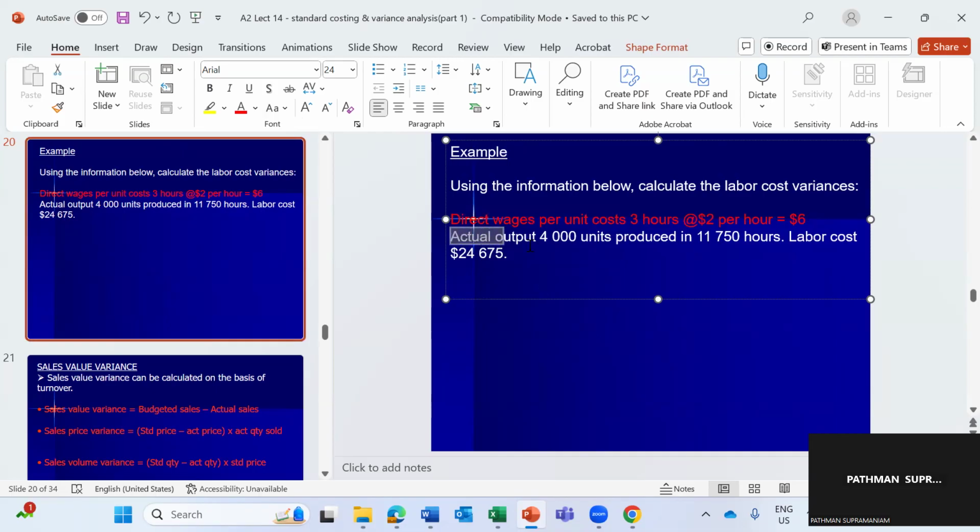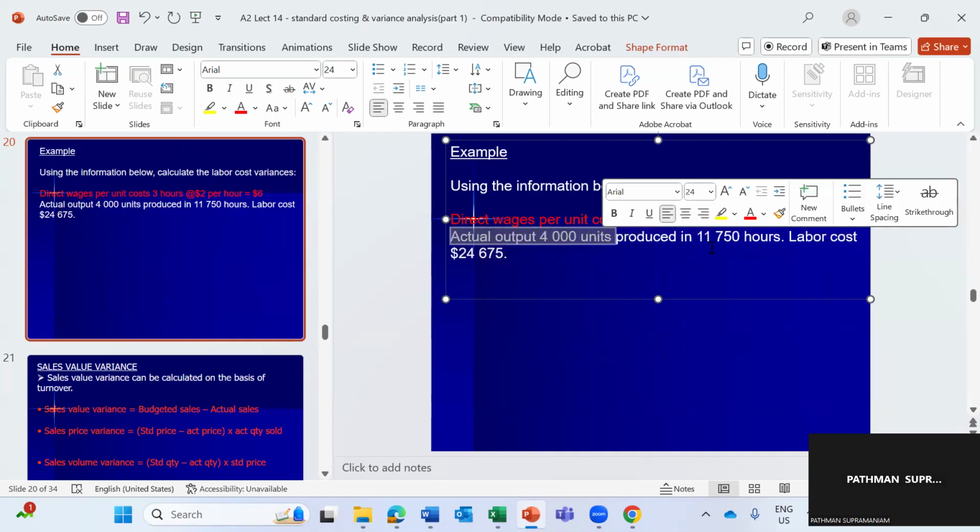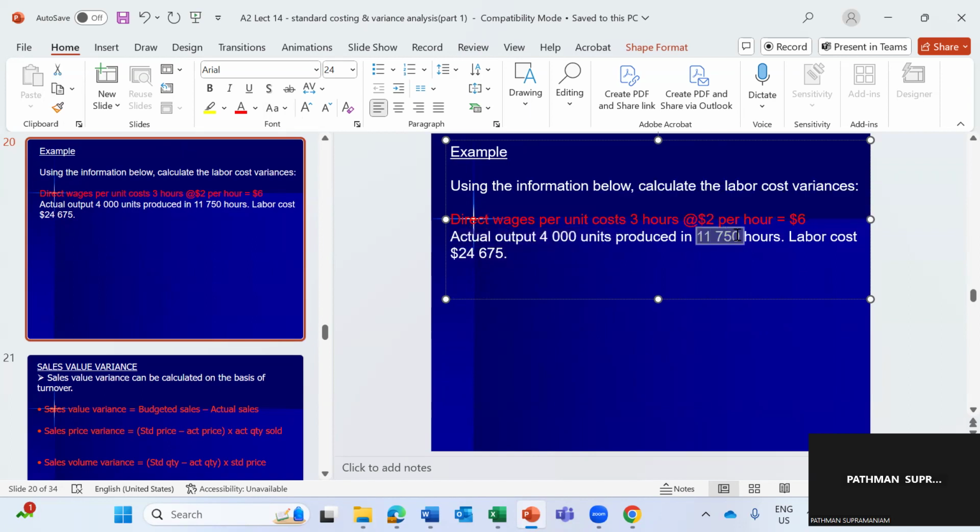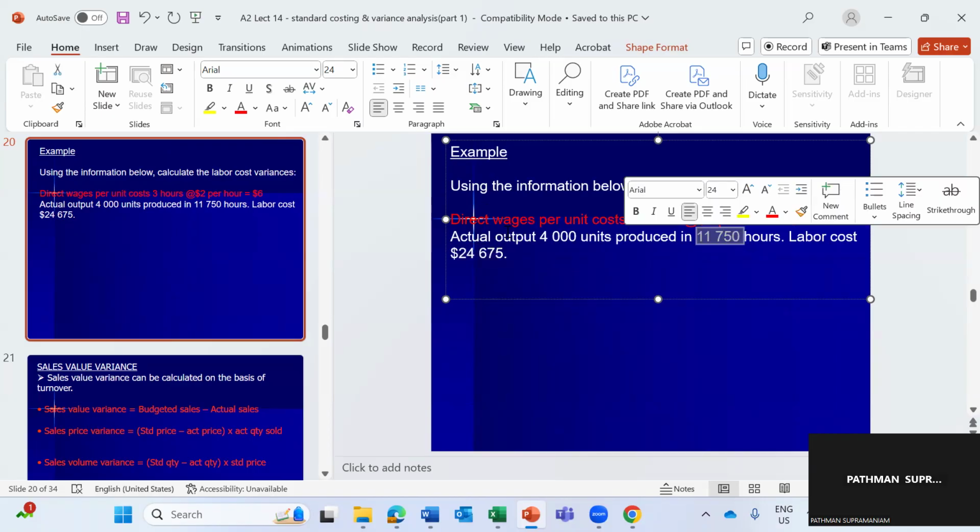Actual output produced is 4,000 units, and labor actually worked for 11,750 hours, and the labor cost was actually 24,675. We notice here the actual direct labor rate is not given, but we can calculate. All we need to do is divide this with this, and you get the actual rate.